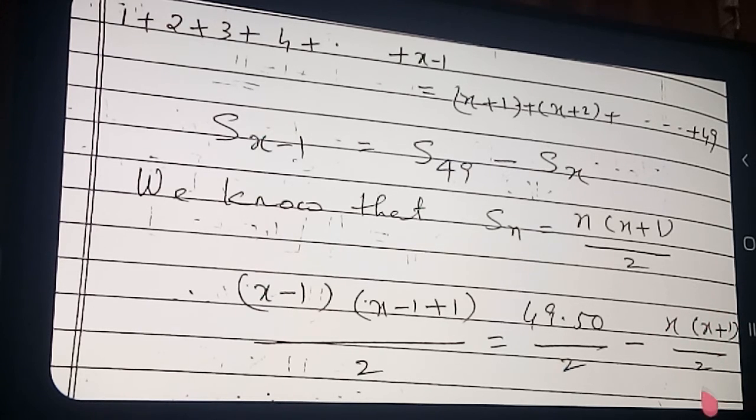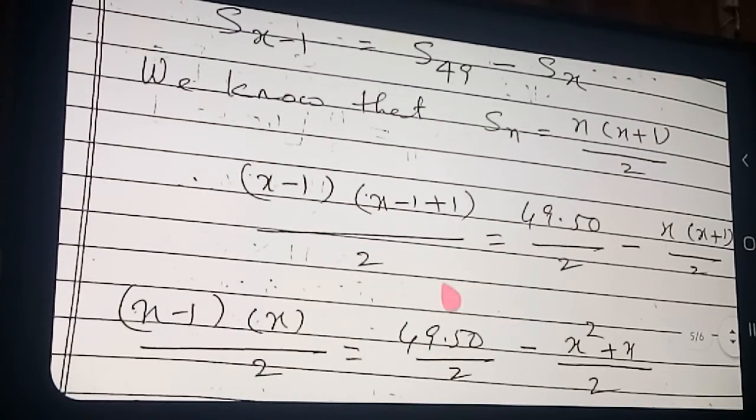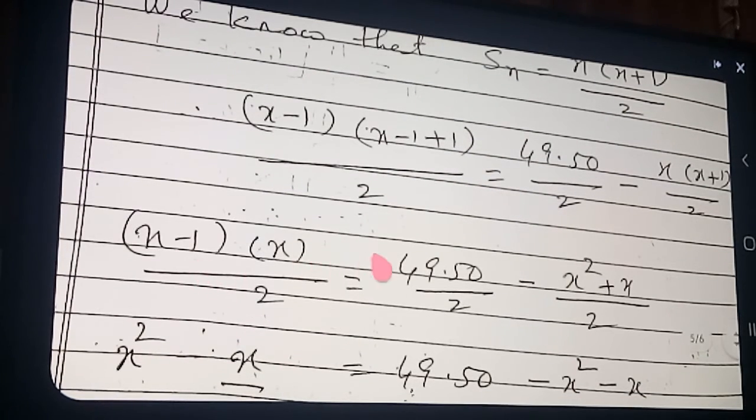Here the 2 is common throughout, so it cancels. Now here x minus 1, this minus 1 and plus 1 cancel, so x comes. So x minus 1 into x by 2. So the 2 is fully cancelled.